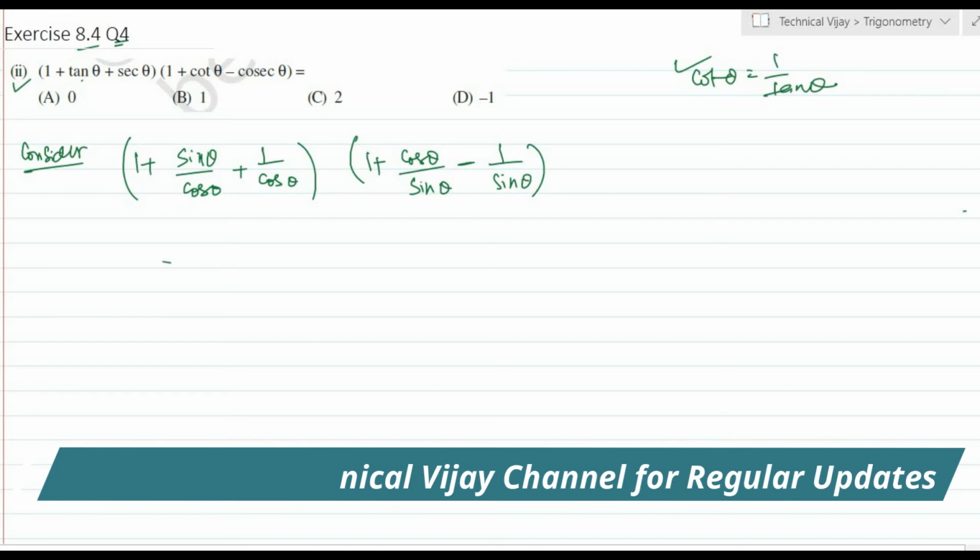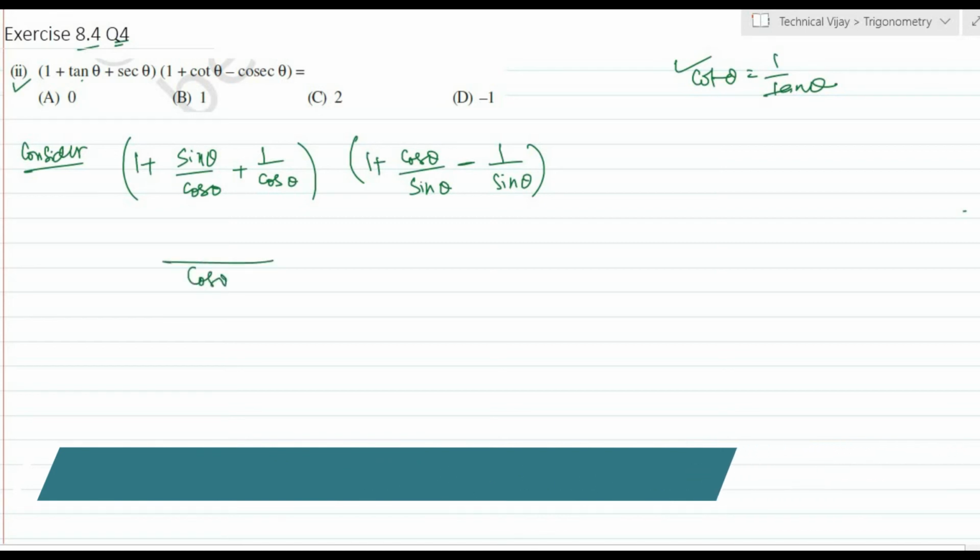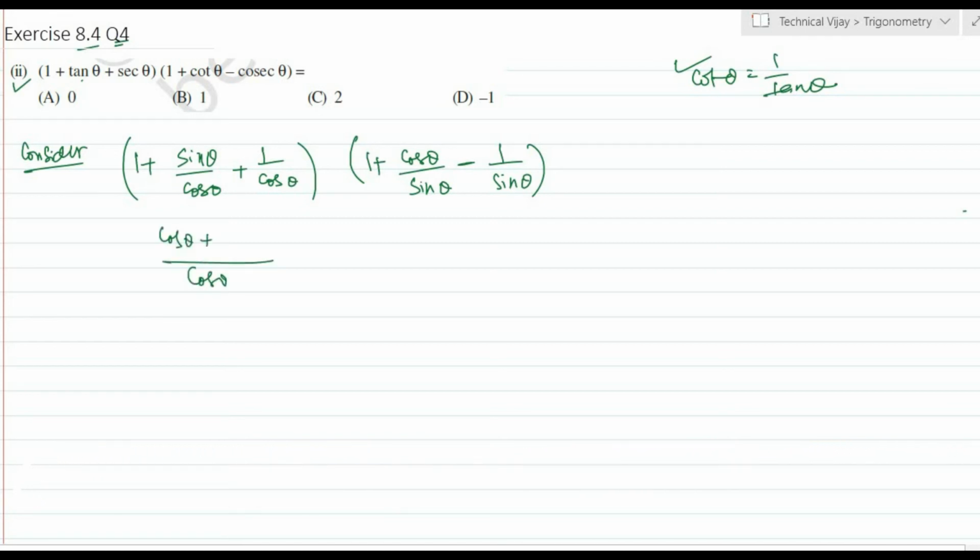So here the LCM will be cos theta: cos theta plus sin theta plus 1. This is one term. Here the LCM will be sin theta: sin theta plus cos theta minus 1.